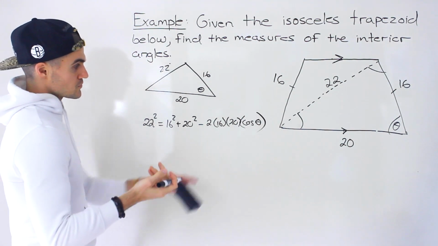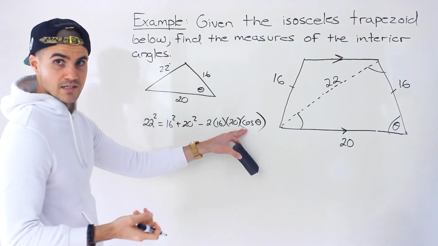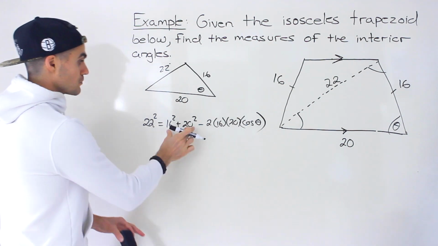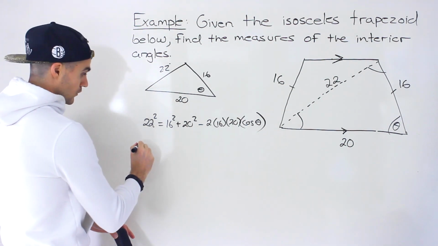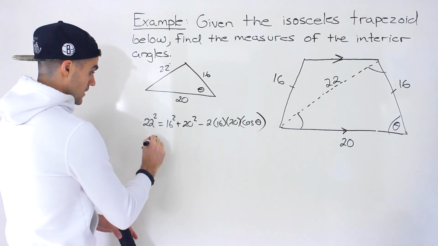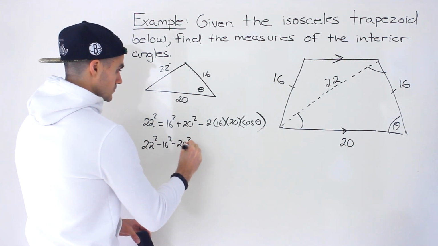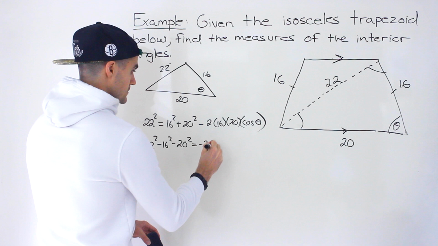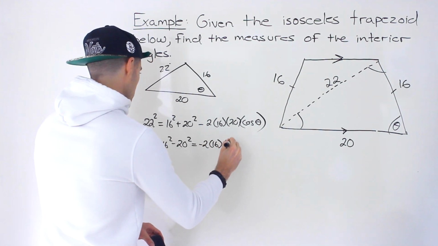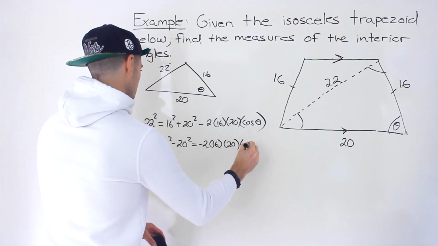Now we have an equation with just theta to solve for. So we could bring the 16 squared and 20 squared over. We'd have 22 squared minus 16 squared minus 20 squared, which is equal to negative 2 times 16 times 20 times cos theta.